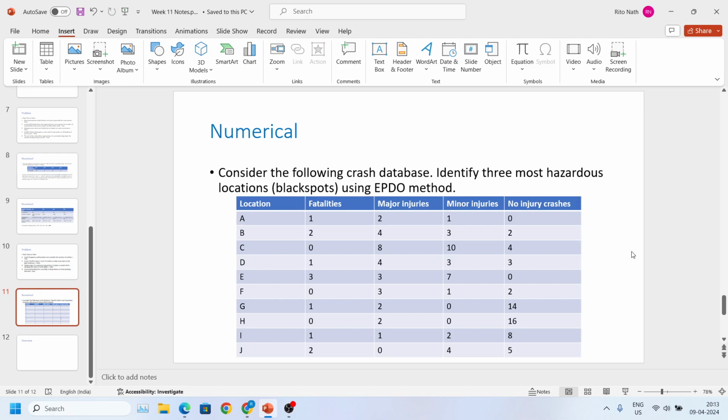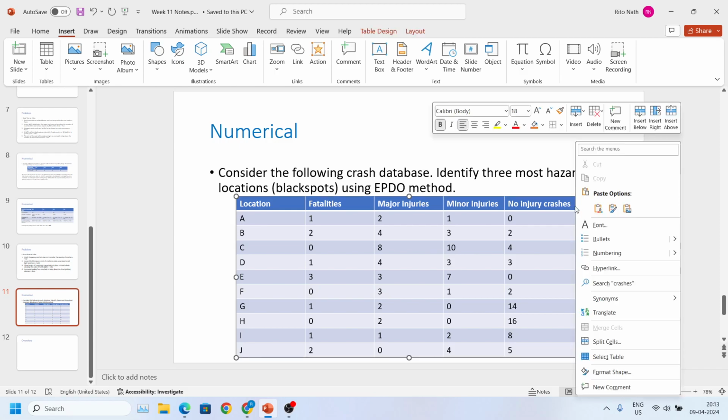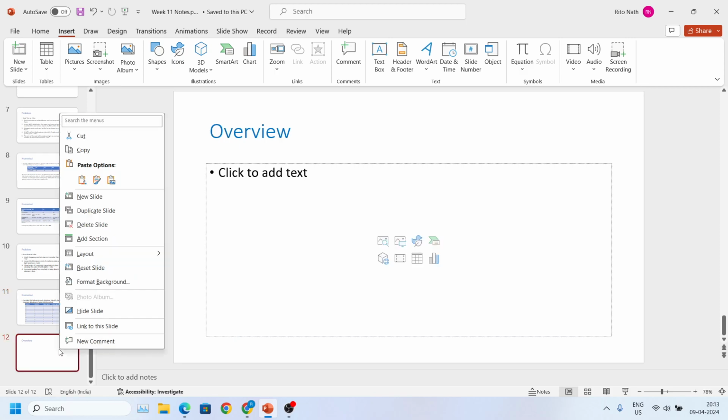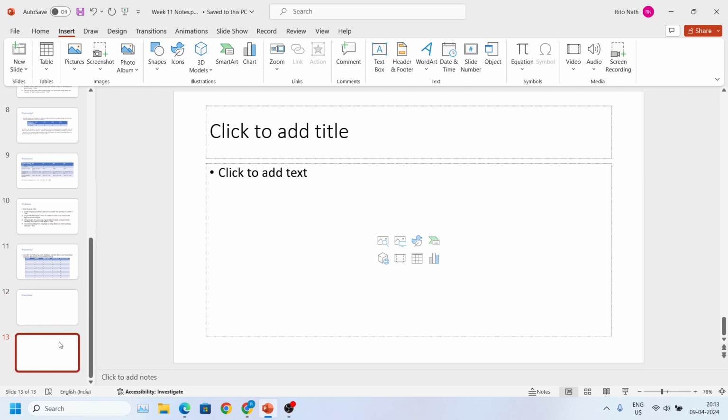Let's move it to the next slide itself. Better to add another column here. So let me solve it.